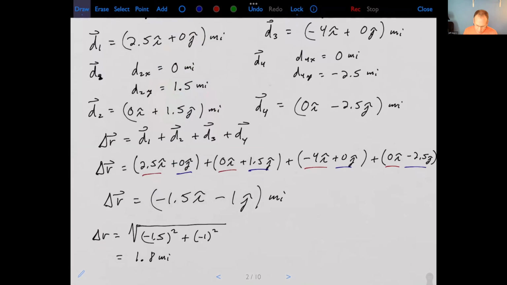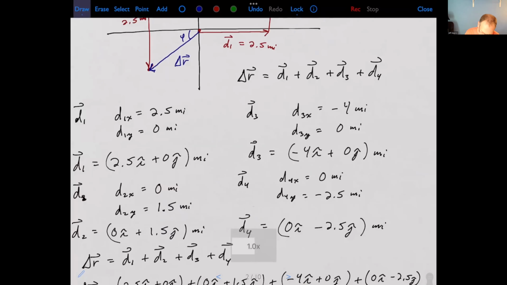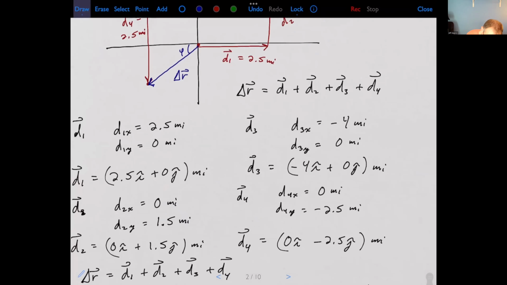And then to figure out the angle, right? If you notice here, if I take this as my right triangle, then tan of theta is going to be opposite, right? Which was 1. It's negative 1, but the length is 1 over adjacent, and that length is 1.5.